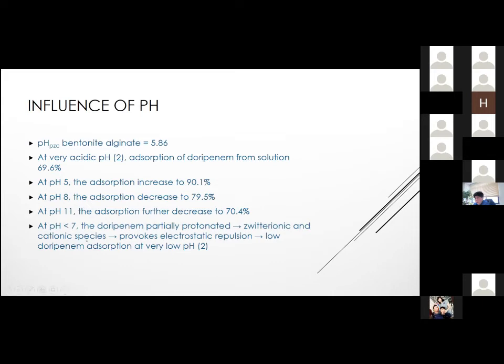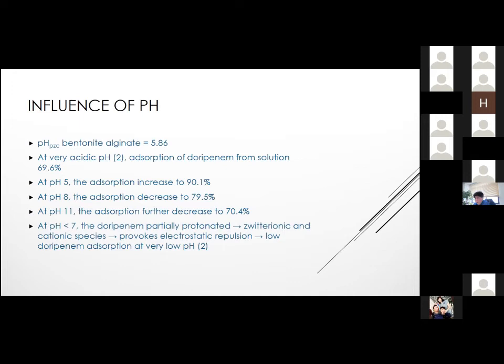So our deduction is that at pH less than 7, the doripenem is partially protonated. So it has more positive charge, which is similar to the bentonite, because the two have similar positive charge.